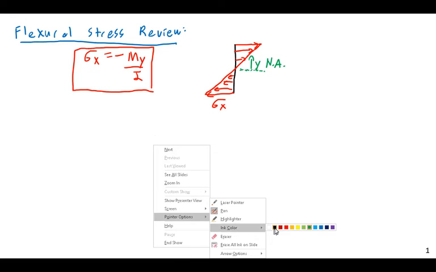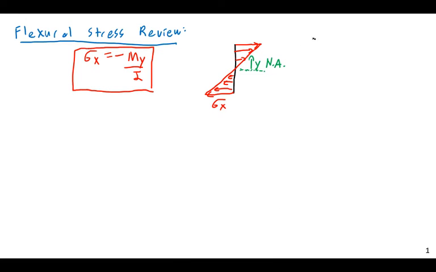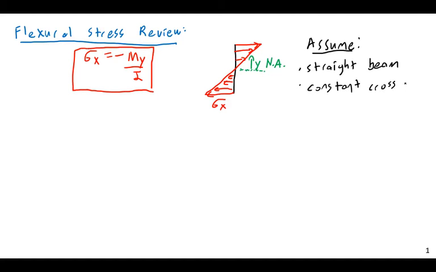And the assumptions behind this, remember there's a few assumptions built into these things. Like all equations, we have to list our assumptions, or at least we should be aware of them. So this is built on a few assumptions. For one, we're assuming straight members, or straight beams. We're assuming constant cross-section. Homogeneous.